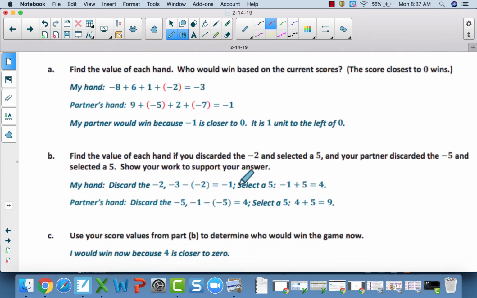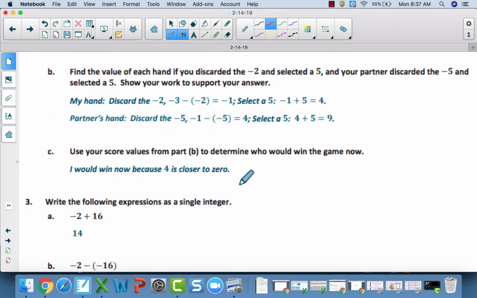Okay? Now, B, find the value of each hand if you discarded the -2 and selected a 5, and your partner discarded the -5 and selected a 5. So if this happens, your hand will now be 4, and your partner's hand would now be 9. Here is the subtraction. In this case, I used an equation to represent it. You could have still done addition. That would be fine.